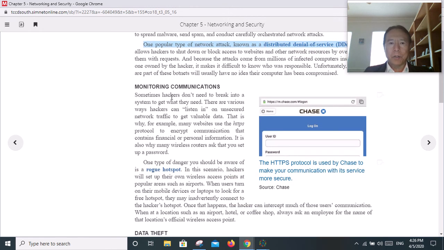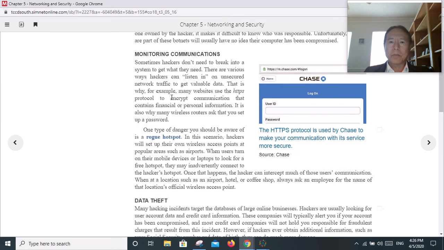Monitoring communication: there are many software tools to monitor communication, like a chess server, bank, or the HTTPS protocol. Now you have HTTP and HTTPS. This is HTTP, colon, slash, your URL, your website address. That's how you go there.